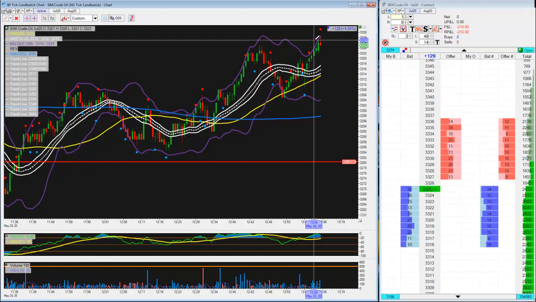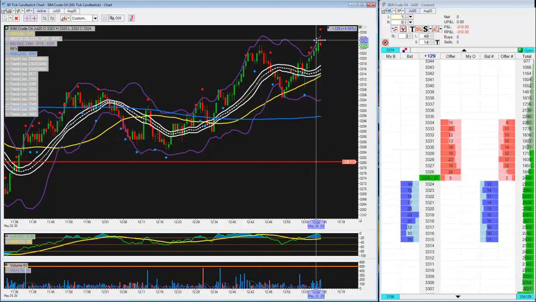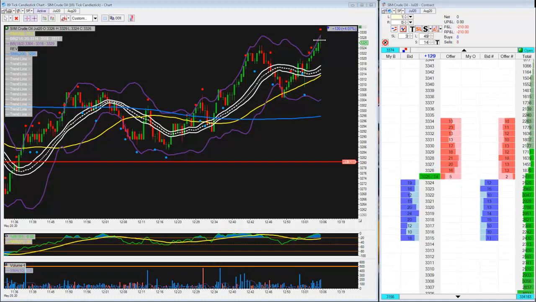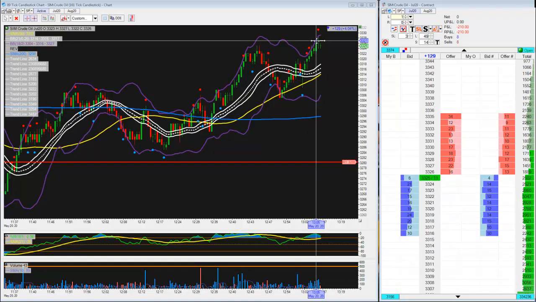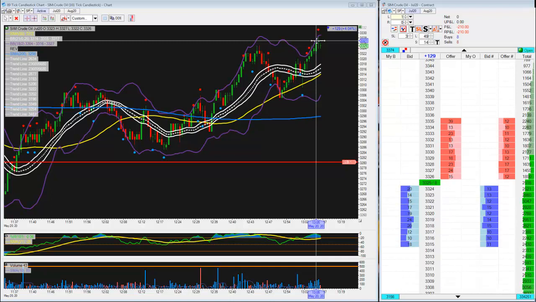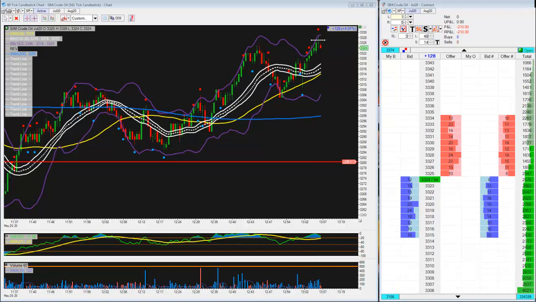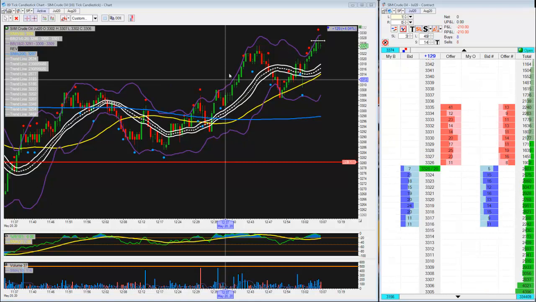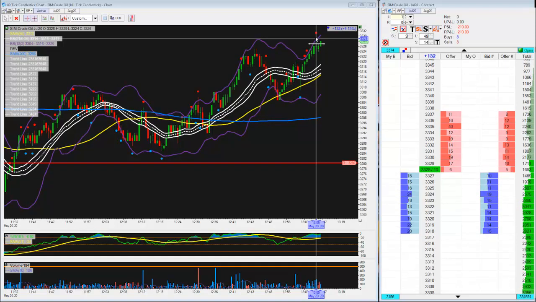See what happens here. Don't have a volume bar yet, but I want to see what's going to happen there. $33.27 entry point, 49 ticks up.